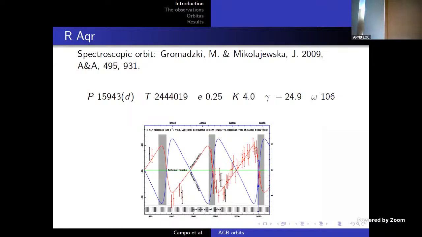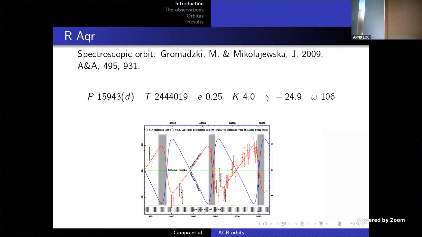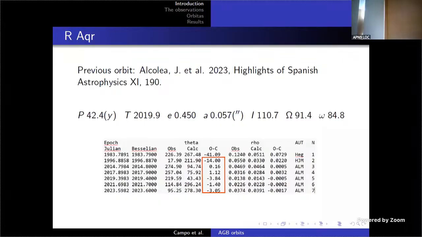In 2009, we have this orbit by Gromadzki and Mikołajewska, which has a period of around 43 years, if I remember correctly. But as we can see, this orbit has an eccentricity of 0.25, while the visual orbit has an eccentricity of 0.45. So we have some disagreement between the two types of orbits.